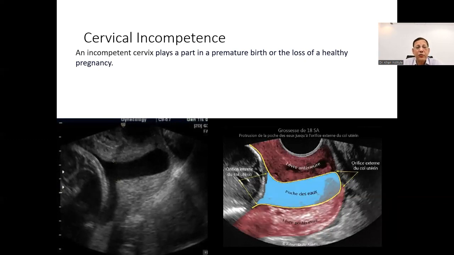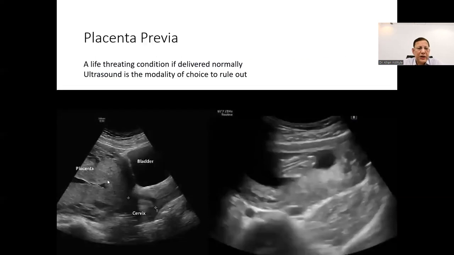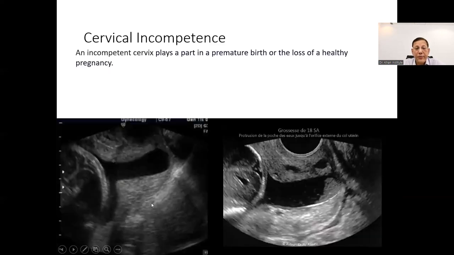But if on ultrasound before 13 weeks, 12 weeks, during the first trimester, there is a normal routine ultrasound for diagnosing so many things. In that first trimester ultrasound, we also measure this cervical canal. If it measures less than 25 millimeter, we give the diagnosis of cervical incompetence.